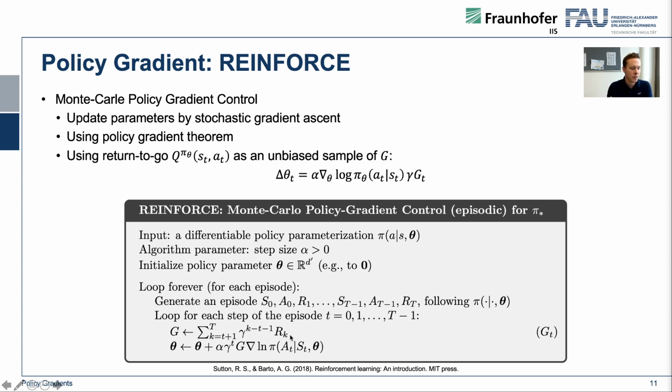This is different from how we have seen the pseudocode in Monte Carlo policy evaluation, where we summed up the return from the back. Here we do it from the beginning.